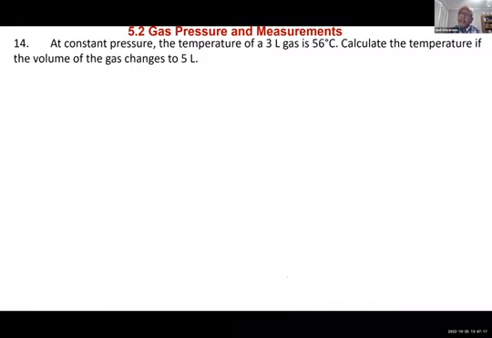Now we're going to look at some calculations with different variables: pressure, volume, temperature, amount of substance or moles, volume and moles, etc. If you look at this problem, this is temperature versus volume.